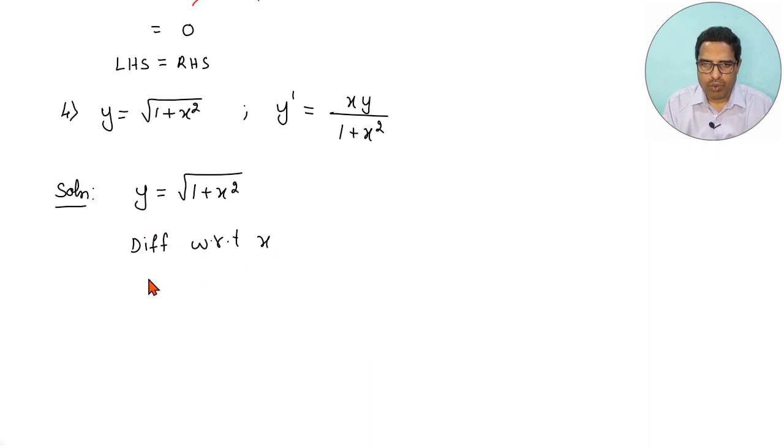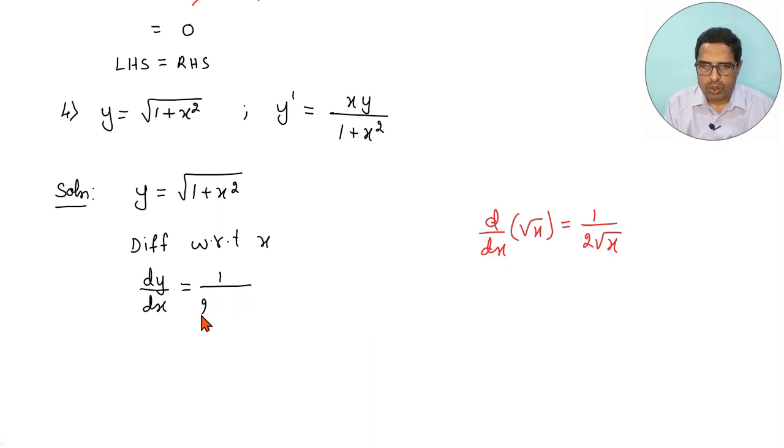So the derivative of y with respect to x will be dy by dx, and for root of x, if you want to differentiate that, we know d by dx of root of x is 1 by 2 root of x. So if I use this formula here, the differentiation of the root will be 1 by 2 root of this entire value 1 plus x square.